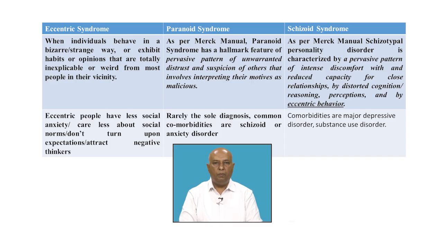Now comes paranoid behavior. As per the Merck manual, this is a very reputed book, a hallmark feature is a persistent pattern of unwarranted distrust, pervasive, persistent, constant, repetitive behavior of mistrust, delusion of being poisoned, fear of being poisoned, suspicion of others, interpreting their motives as malicious.